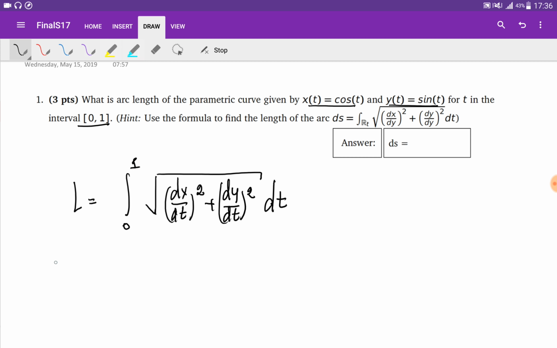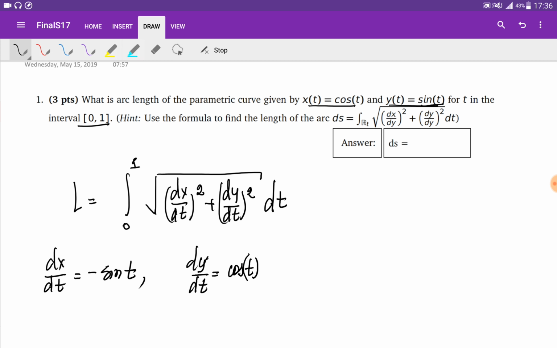So let us find the derivative of x with respect to t first of all. So x in our case is the cosine, so its derivative with respect to t is minus sine of t. So the derivative of y with respect to t, y is equal to the sine, so its derivative with respect to t is simply cosine of t.